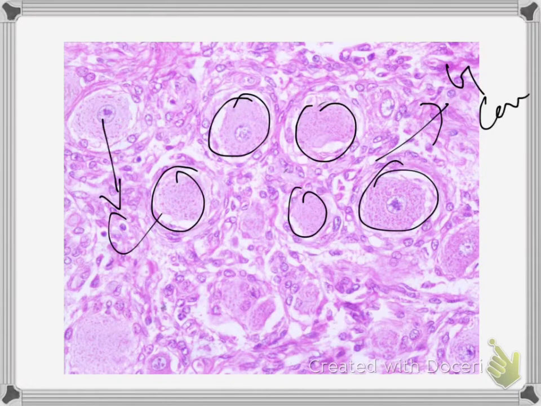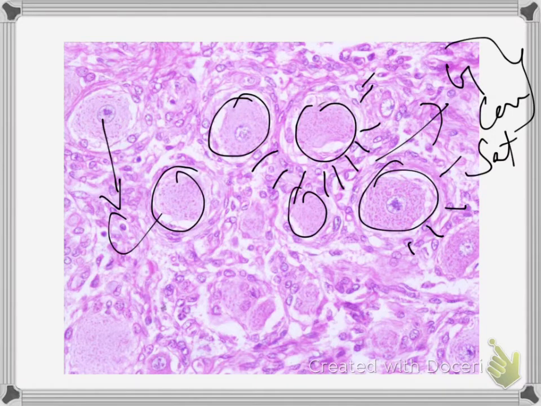Another important point we should not miss: everywhere you can see nice cells, those are satellite cells. More prominent satellite cells are seen. So what could it be? These three features suggest this is the slide of a sensory ganglion.